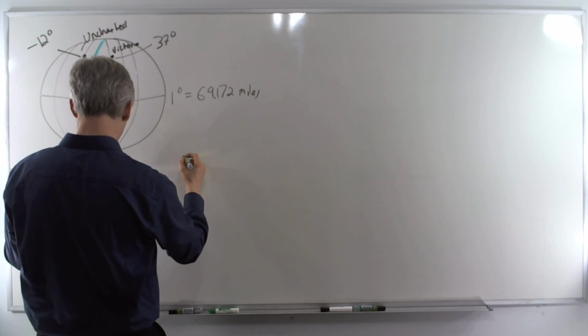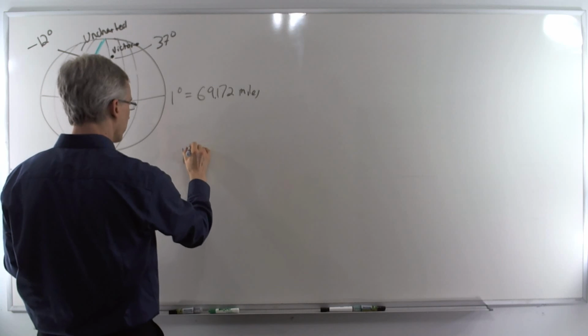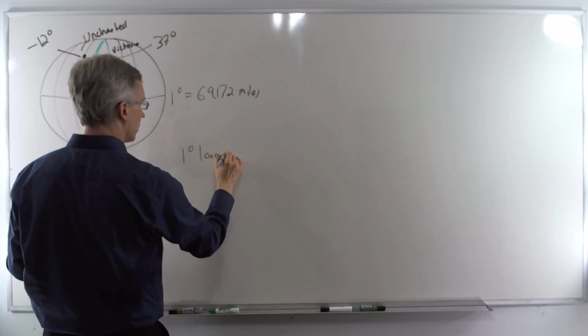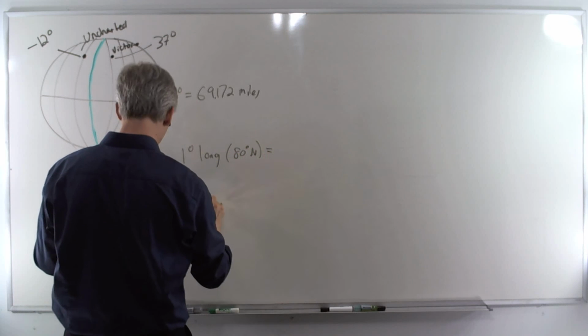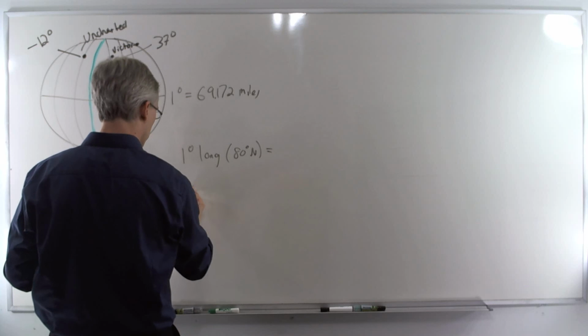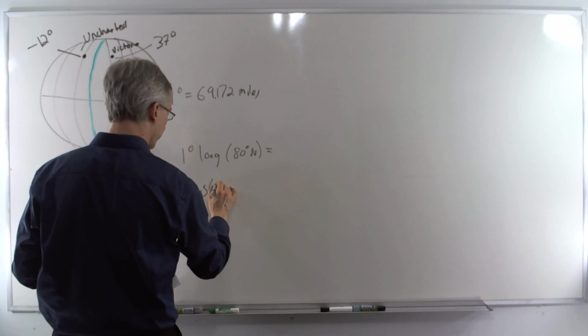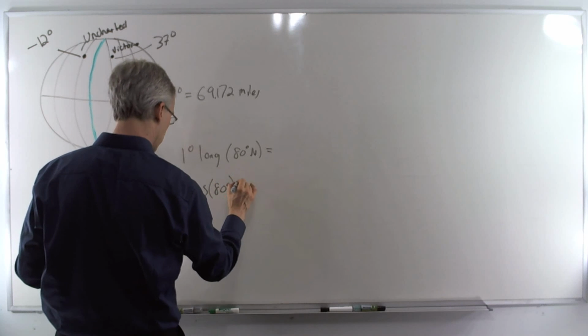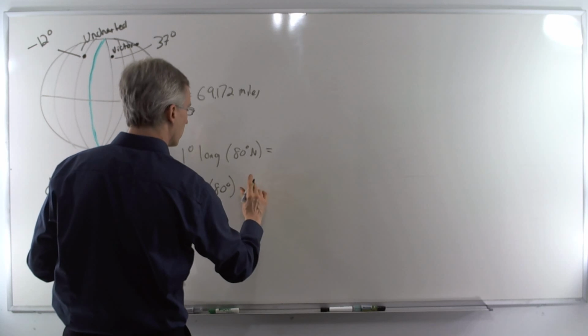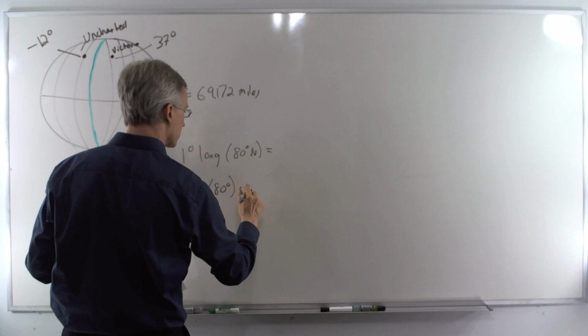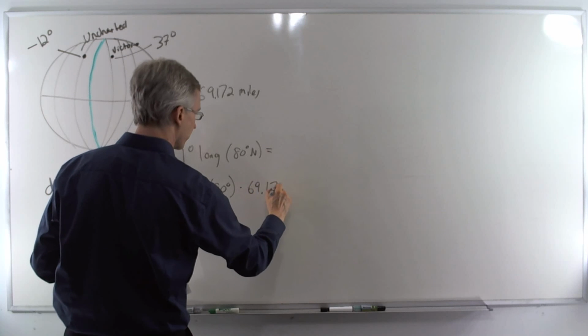So 1 degree longitude at 80 degrees north equals cosine of 80 degrees times 69.172.